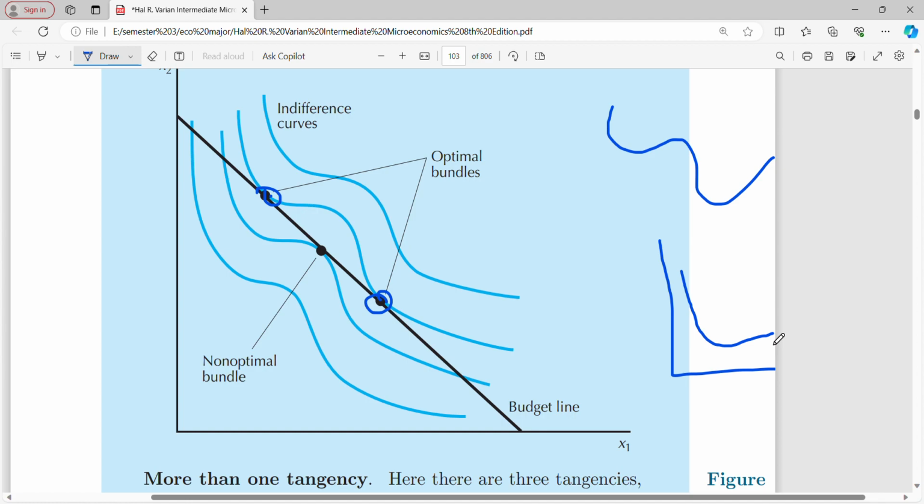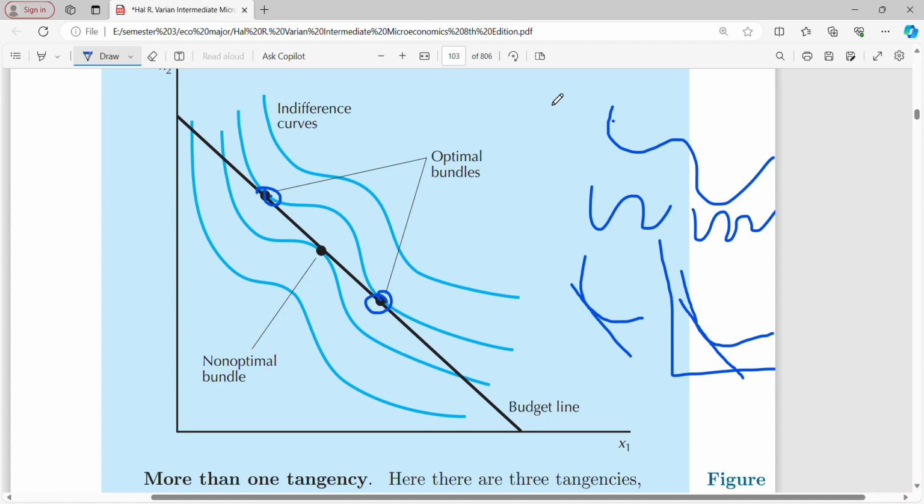So here tangency will be sufficient, because definitely convex can't be like this, right? A convex cannot be like this or like this. Convex can only be like this. So the tangency condition will be enough. Okay. And another thing, convex can't bend back.